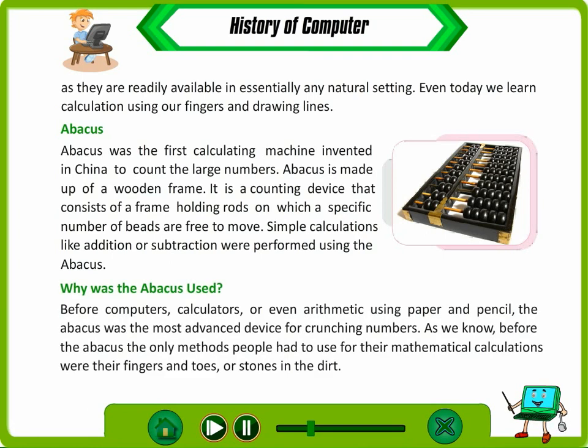Why was the abacus used? Before computers, calculators or even arithmetic using paper and pencil, the abacus was the most advanced device for crunching numbers. As we know, before the abacus, the only methods people had for their mathematical calculations were their fingers and toes or stones in the dirt.